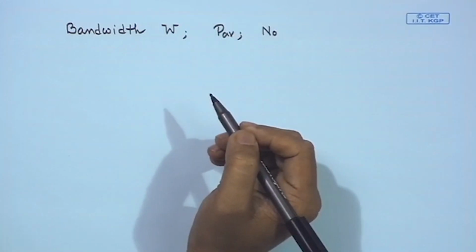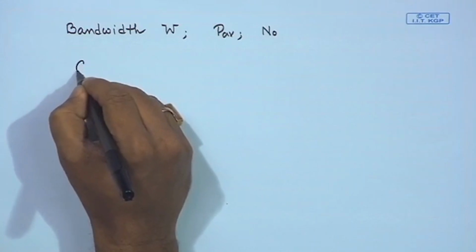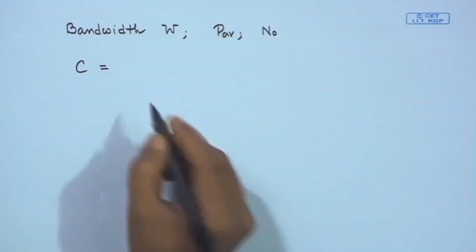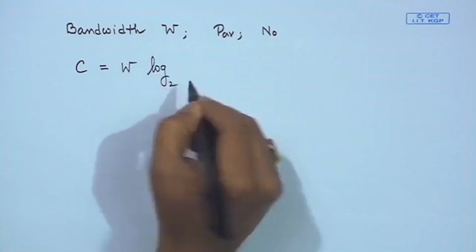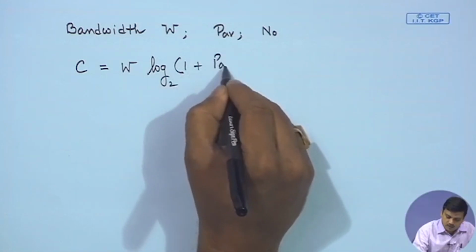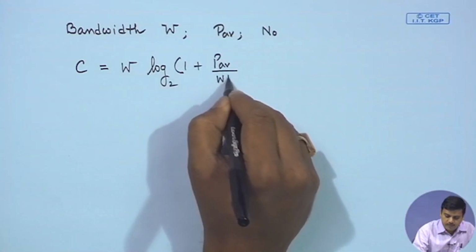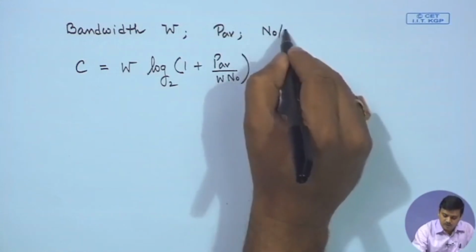We can write the expression of channel capacity C as W log base 2 of 1 plus PAV upon W N naught. This is what we have got.